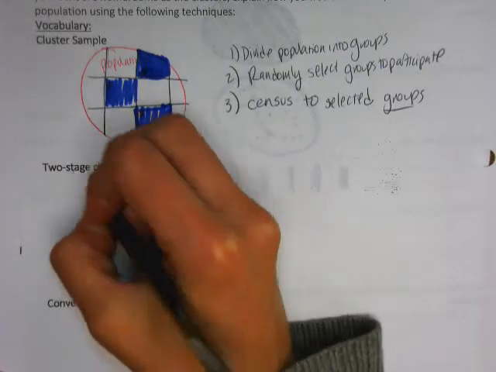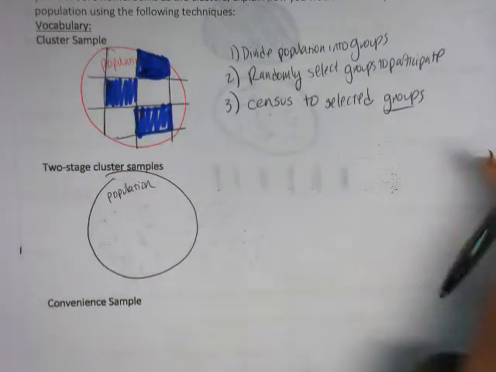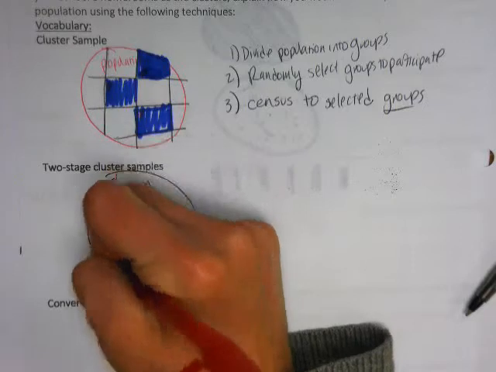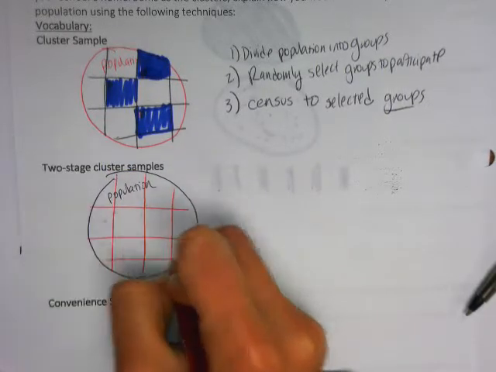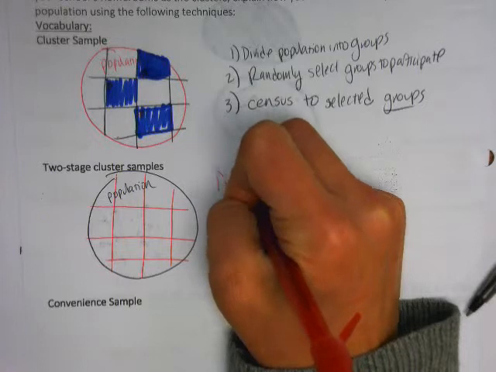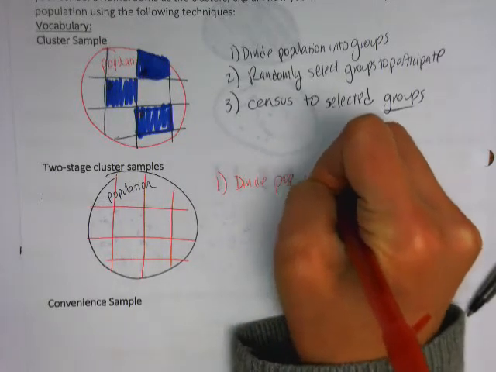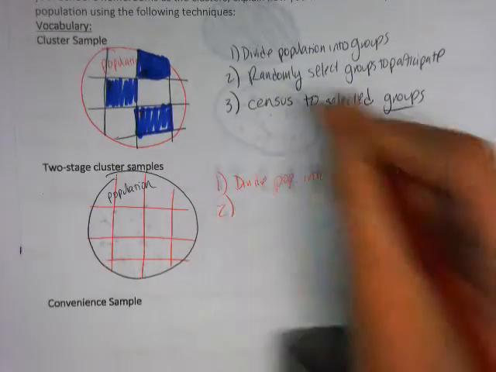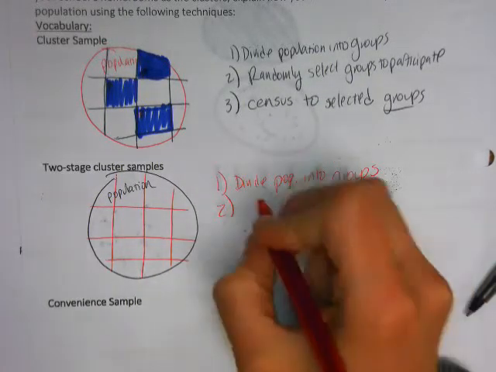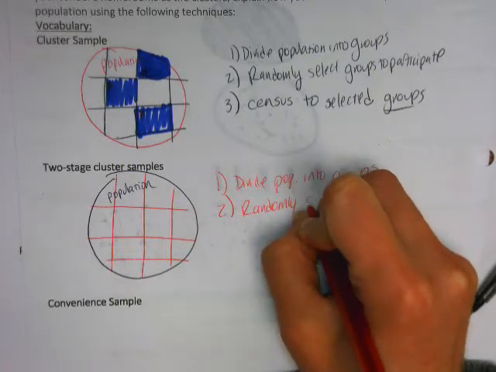So for the two-stage cluster, it's very similar to the cluster. Here, I still have my population. Now I'm going to divide it up into groups. 1, divide population into groups. 2, randomly select groups to participate.